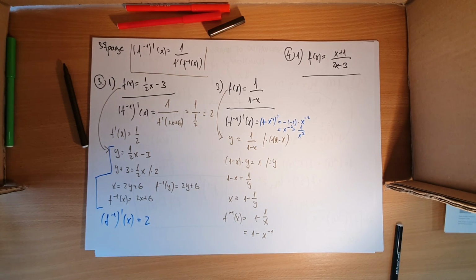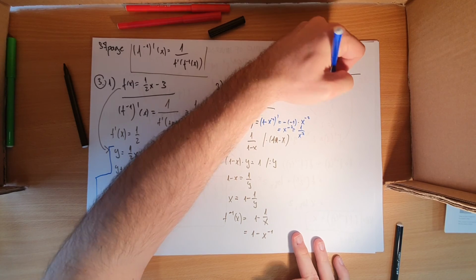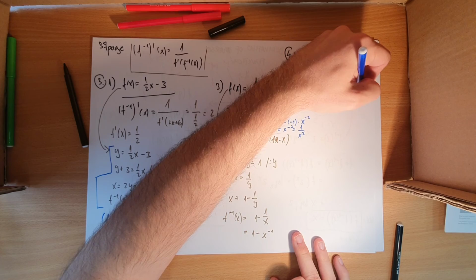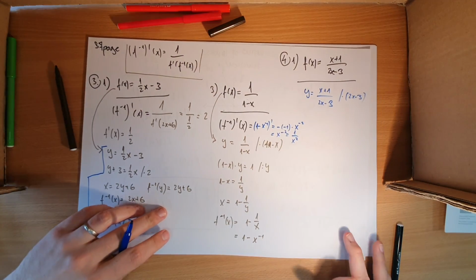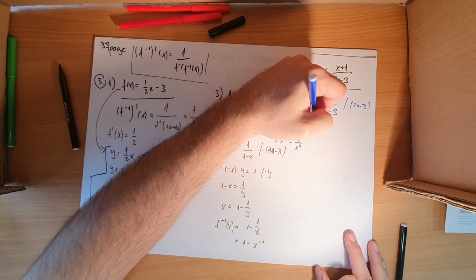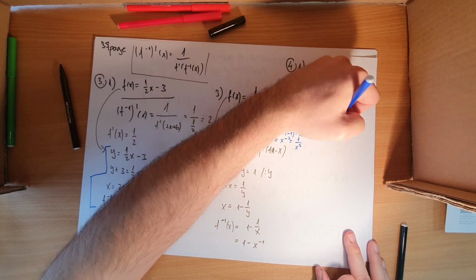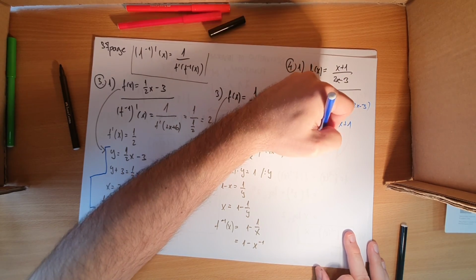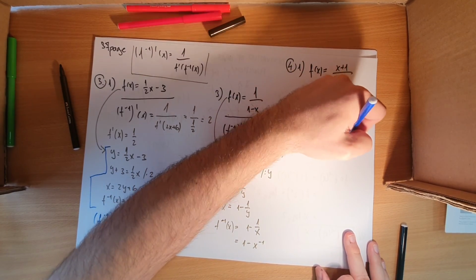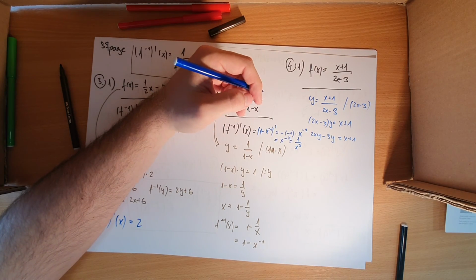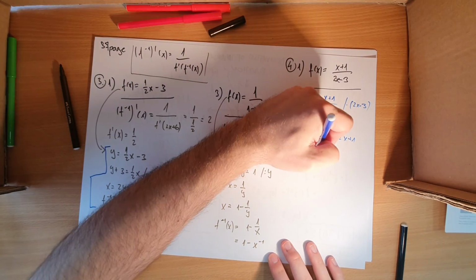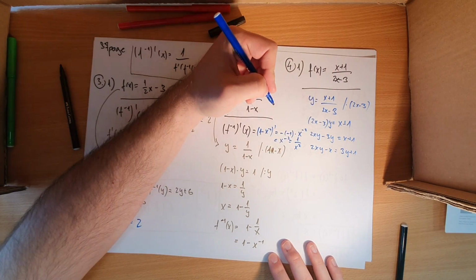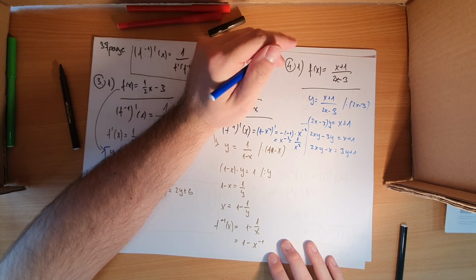For the inverse function, we have to do y equals x plus 1 over 2x minus 3, multiply with 2x minus 3 because we don't want to have division when we don't have to. So this means that 2x minus 3 times y equals x plus 1. 2xy minus 3y is equal to x plus 1. x on the one side, everything else on the other side, which means that 2xy minus x is equal to 3y plus 1. This is the next step.